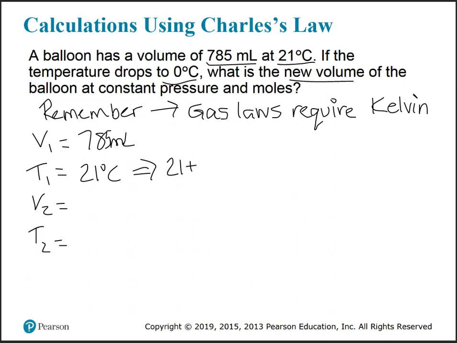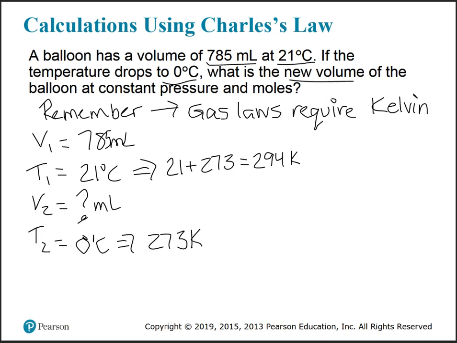So we do 21 plus 273, and that will give us Kelvin. It's 294. V2, we don't know, but when we solve it, it will be in milliliters. T2 is 0 degrees Celsius, which is 273 Kelvin. Always make sure that your temperatures are in Kelvin, or else you will not get the right answer.